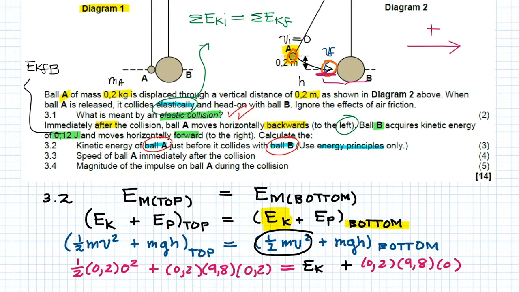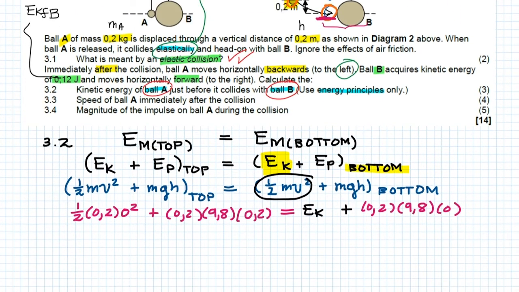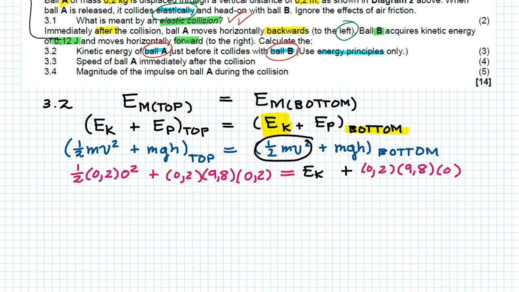We can now manipulate this formula and plug values into our formula sheet, and in the end, we find out that the kinetic energy of ball A at the bottom is going to be equal to 0.392 joules. Of course, you can round this off to 0.39 joules.